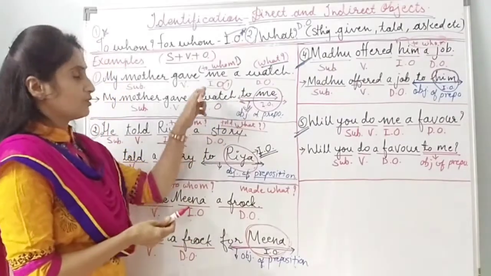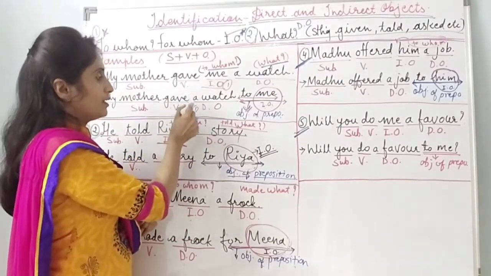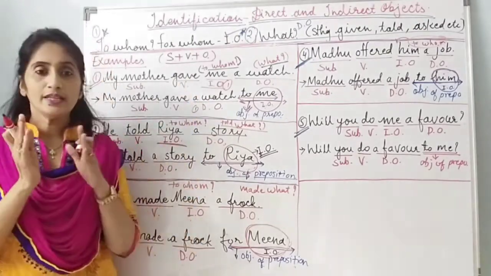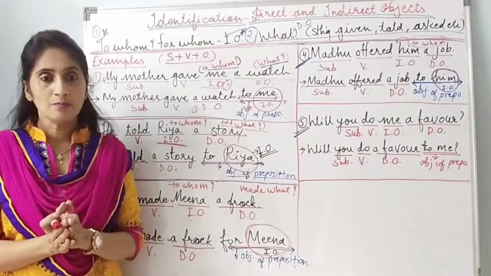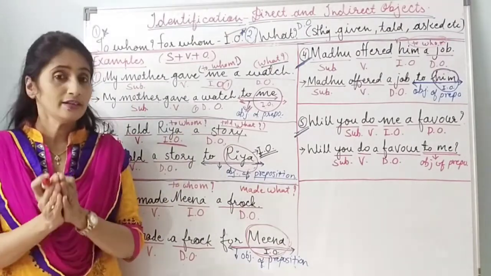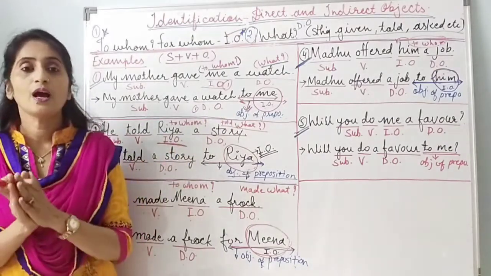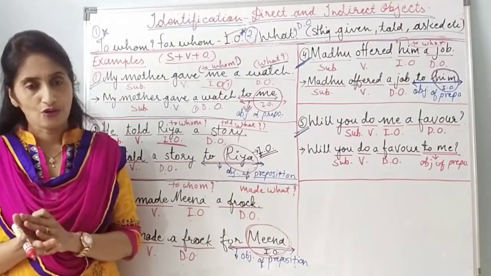Direct object and not indirect object. After the verb, direct object has occurred here. Whenever in the sentence after verb direct object comes, then for writing the indirect object after the direct object, we have to make use of the preposition to or for.